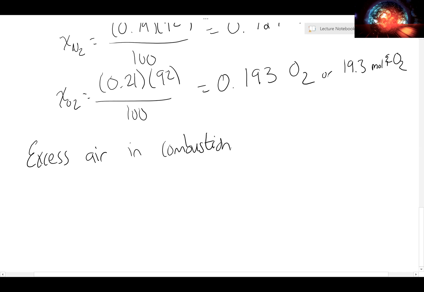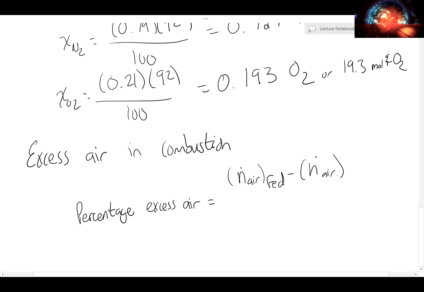where in order to ensure that our fuel is our limiting reagent, we make sure that air is our excess reagent, and we can essentially analyze things in terms of the fractional or percent excess of air, where if I wanted the percentage of excess air, it is the moles of air fed minus the moles of air needed. I shouldn't say stoichiometry because air isn't in the stoichiometry.